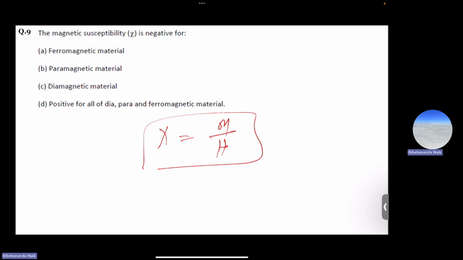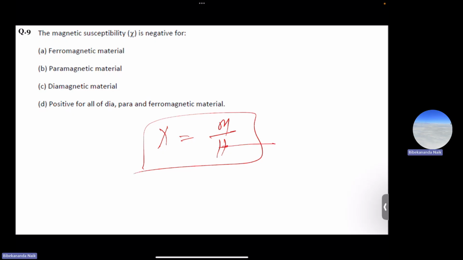So what are the magnetic materials? There are three types of materials depending upon the magnetic property: ferromagnetic, paramagnetic, and diamagnetic. Diamagnetic are those materials for which the magnetic moment is produced in the opposite direction of the applied magnetic field.